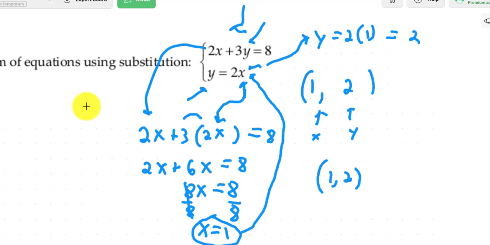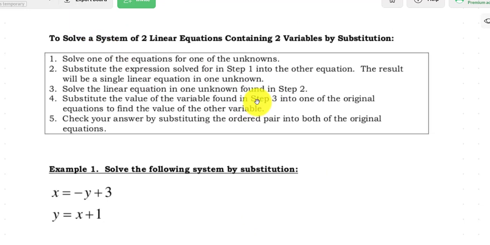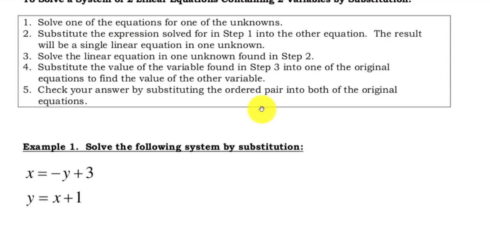And again, you can check your work. If you know that this is your x and this is your y, you can plug these values into both equations to make sure everything is true. Now I'm going to jump to a document that I made myself, outside of the textbook, just to summarize everything.